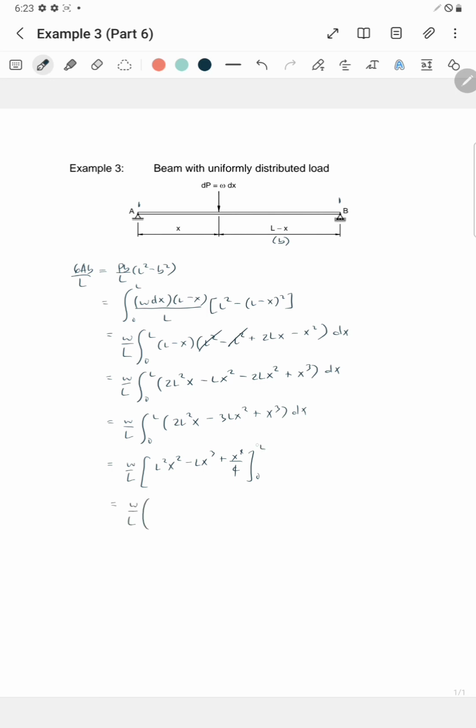So substitute L for x. So L square times L square is L raised to 4 minus L times L cube is L raised to 4, then plus L raised to 4 over 4. Then simplify. Result is WL cube over 4. So formula for 6AB over L for a beam subjected to a uniformly distributed load is WL cube over 4.